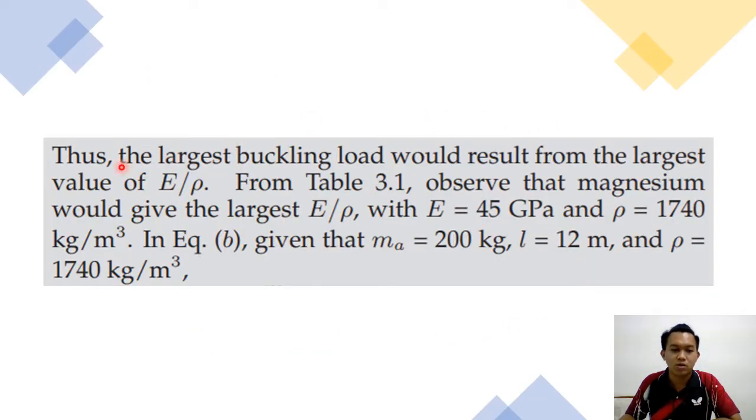Also in the textbook, we know that the largest buckling load would result from the largest value of E over rho. And we found that the textbook is using magnesium with E equal to 45 gigapascal and rho equal to 1740 kg per meter cubed to solve this equation.